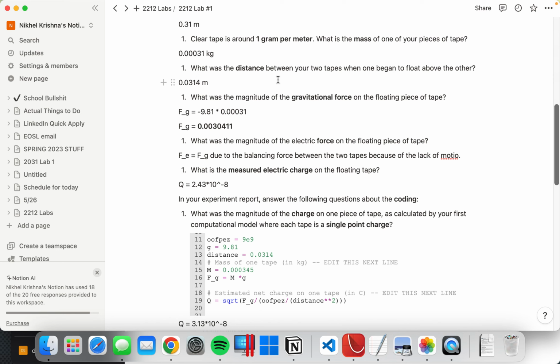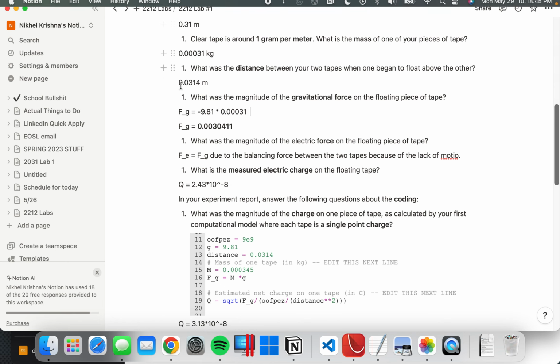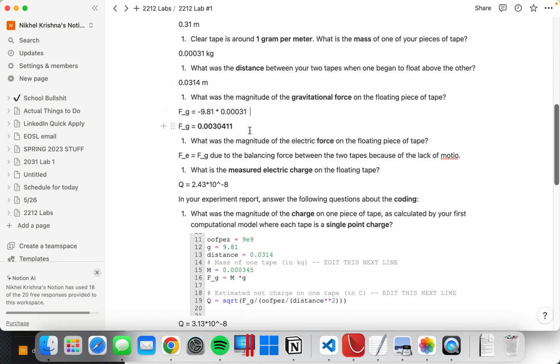kilograms. Here's our computed distance between the two tapes when they float with each other, and simply using the physics 1 concept, Newton's second law of motion, the magnitude of the force of gravity is just the mass of the tape multiplied by the gravitational constant.